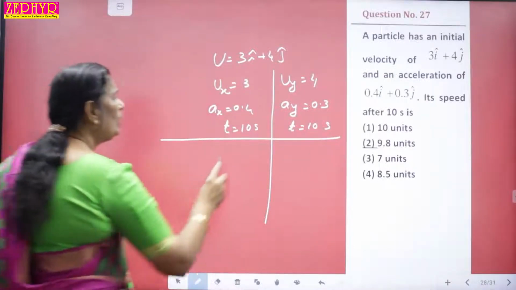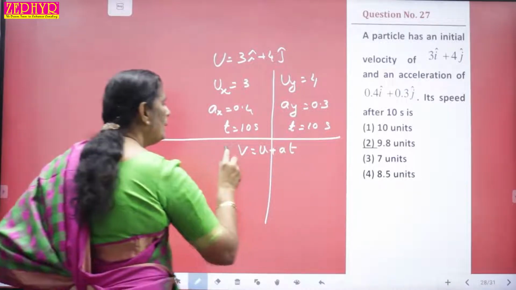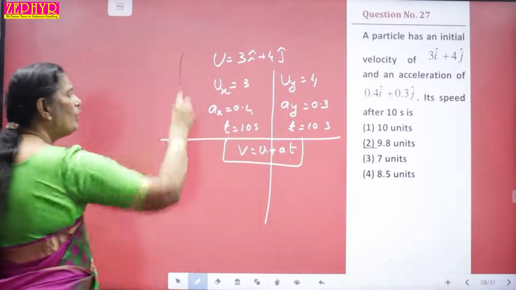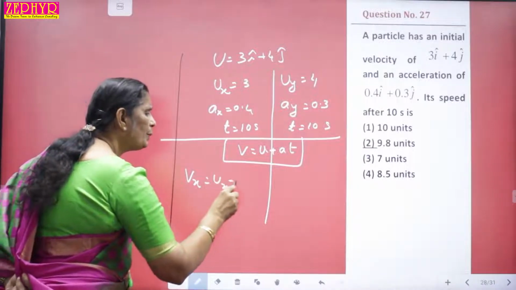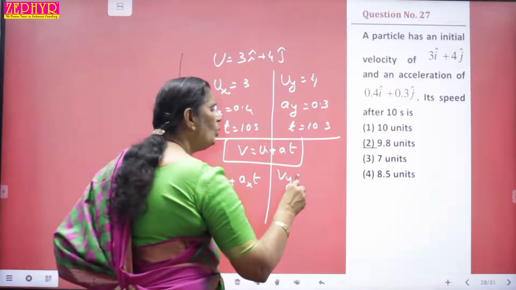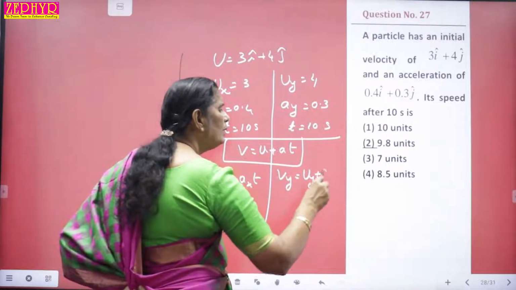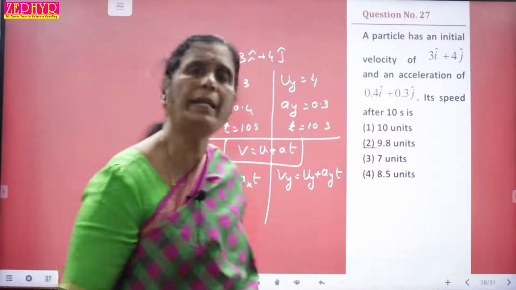So we know the concept v is equal to u plus at. We will apply it for horizontal and vertical. So vx is equal to ux plus axt and vy is equal to uy plus ayt. That way we get vx and vy, and then take the net total.